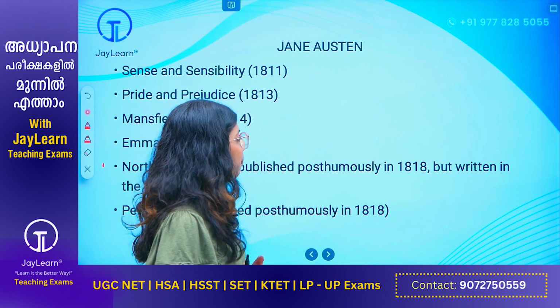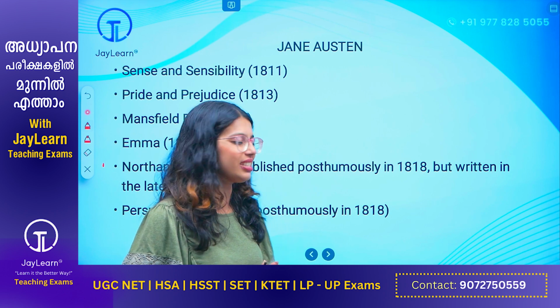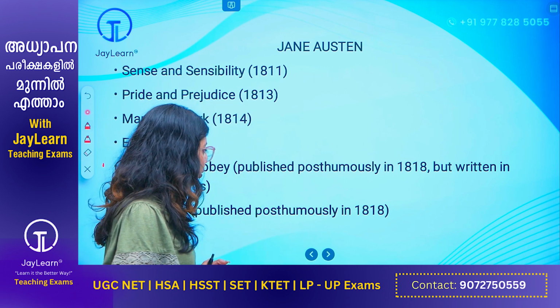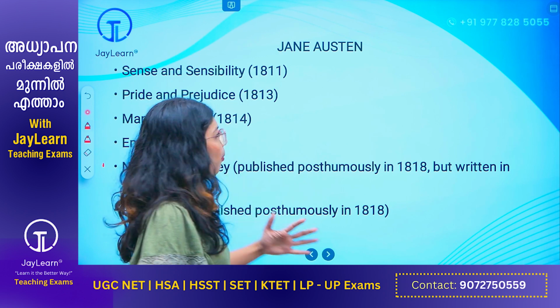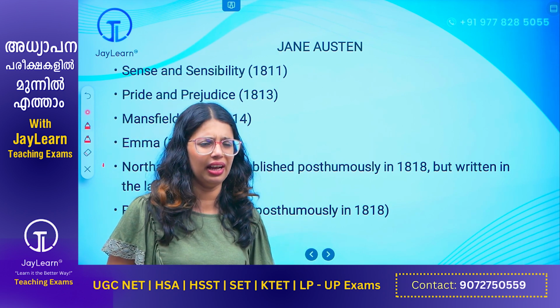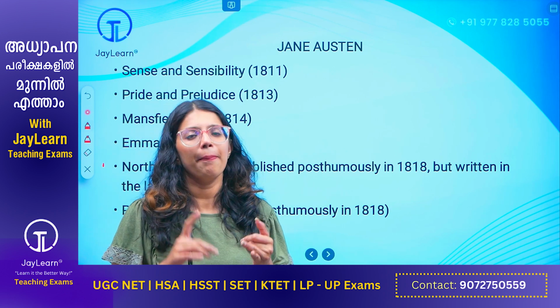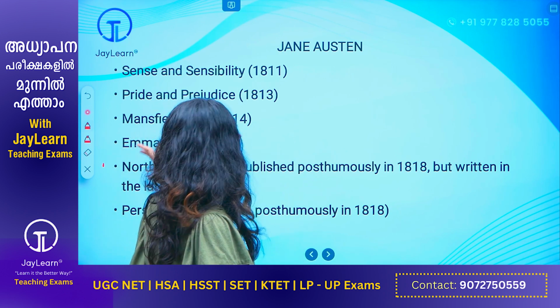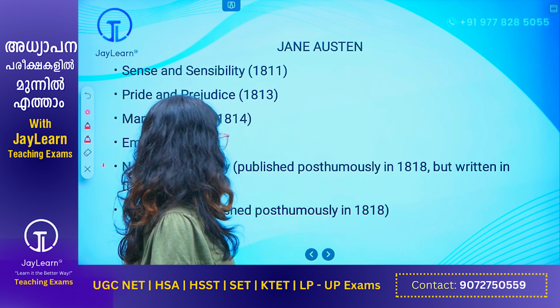Then Northanger Abbey, published posthumously in 1818, but it was written during the 1790s. And then Persuasion, also published in 1818. So these are the most important works. Other works like Lady Susan were also there, but it was an unpublished one. So first Sense and Sensibility, Pride and Prejudice, Mansfield Park, Emma, Northanger Abbey, Persuasion.